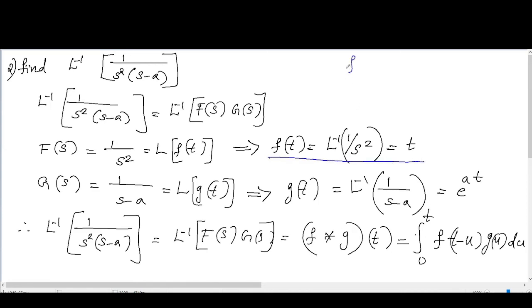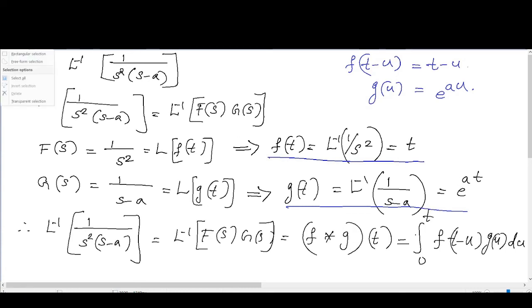So what is the value of f of t minus u? f of t minus u is t minus u. And what is g of u? g of u is e raised to au. Now you can substitute these two values here, and then you have to integrate. So we can substitute the values here.